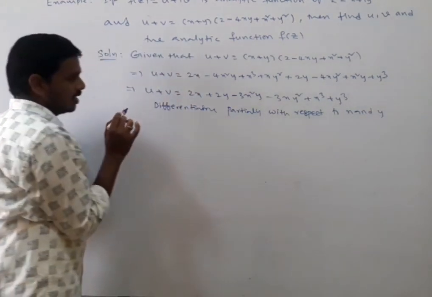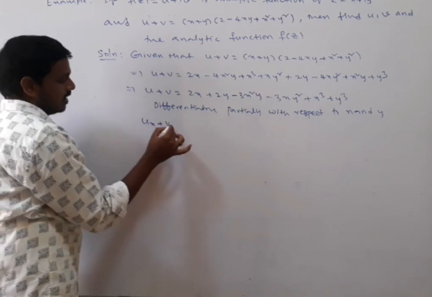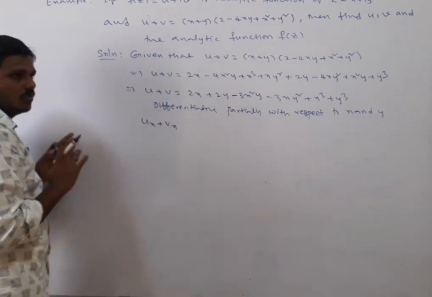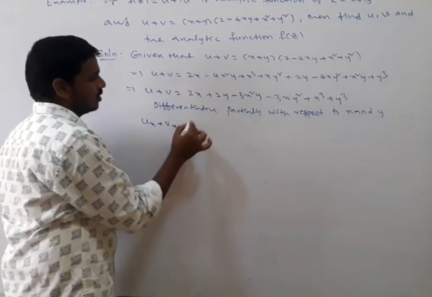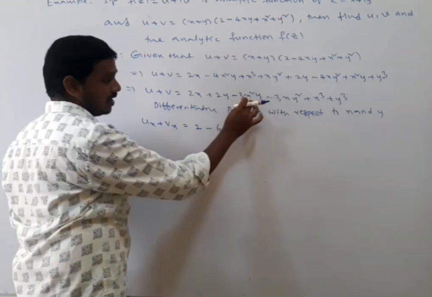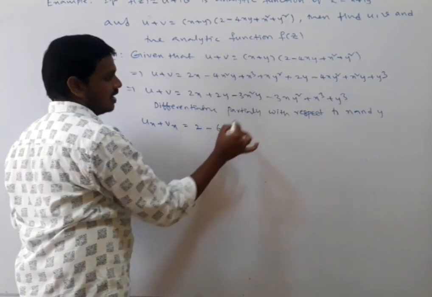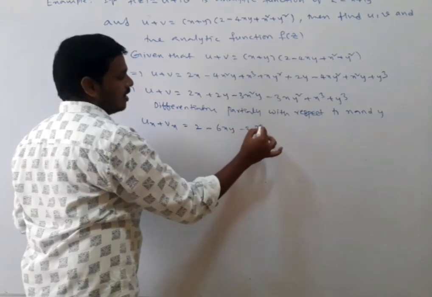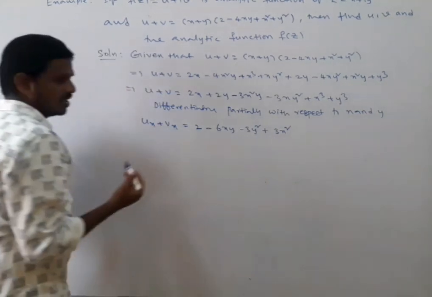So first differentiating partially with respect to x, we have ux + vx, or ∂/∂x of (u + v) is the derivative of the first function plus the derivative of the second function. So the derivative of 2x is 2, the derivative of 2y is 0, minus 6xy, x² derivative is 2x keeping 3y as constant, minus 3y², plus x³ differentiation is 3x².